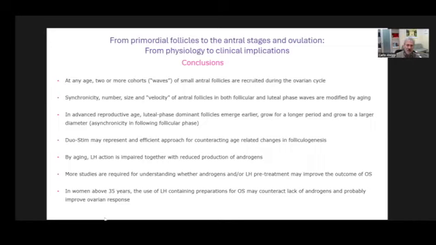In women above 35 years, the use of LH-containing preparations may counteract the lack of androgens and probably improve ovarian response. And in the more advanced stages of maturation, LH can even optimize the survival and health of granulosa cells, which in turn can improve oocyte quality, meaning probably improving embryo and blastocyst competence and viability.